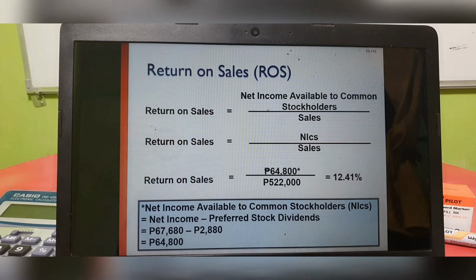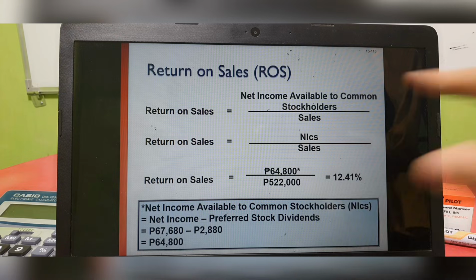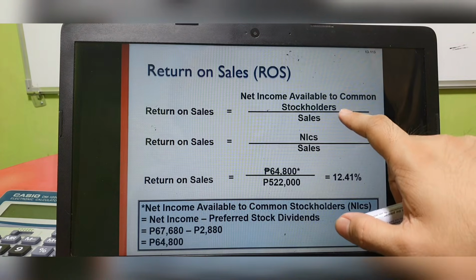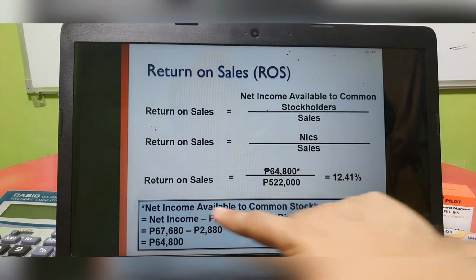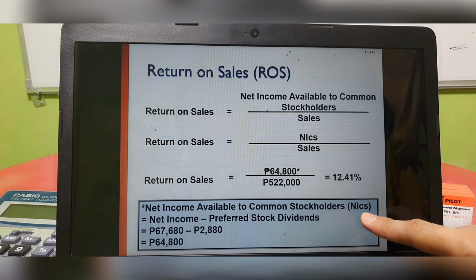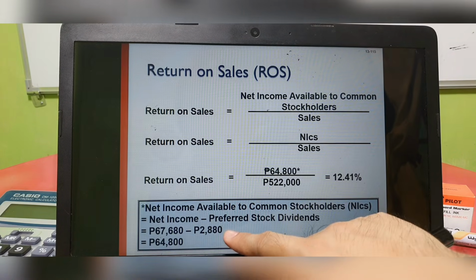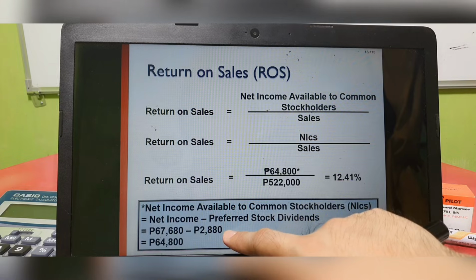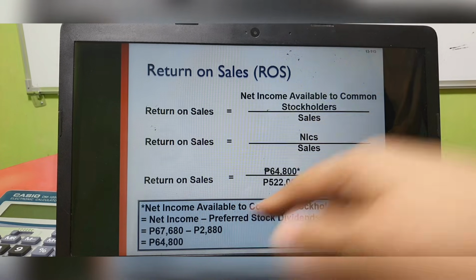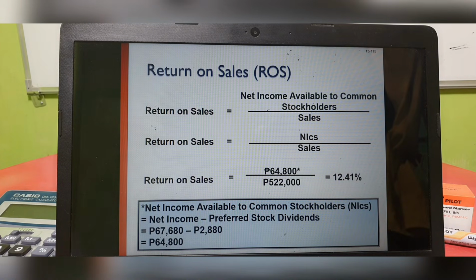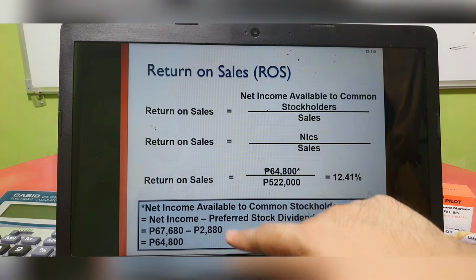So, return on sales natin. Ang net income available to common stockholders, nakukuha yan, ito po. Yung net income natin na 67,680, i-minus natin yung preferred stock dividends na 2,880. Kahit na hindi ibinigay sa problem or kahit hindi ko inilagay dun sa handout kanina, we will compute for the preferred stock dividends.